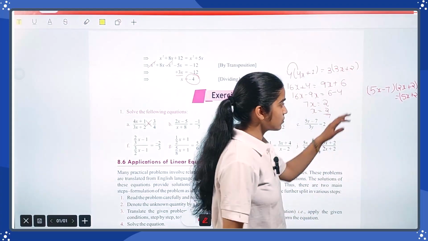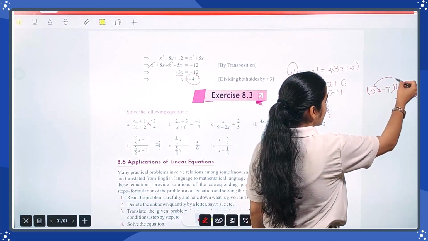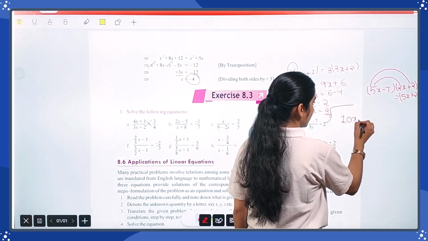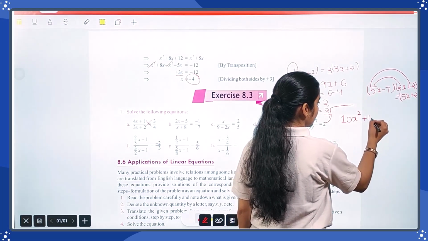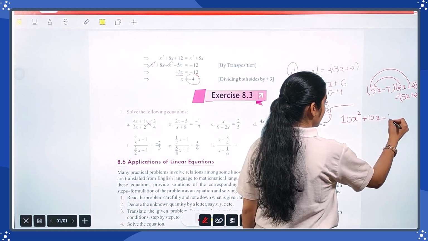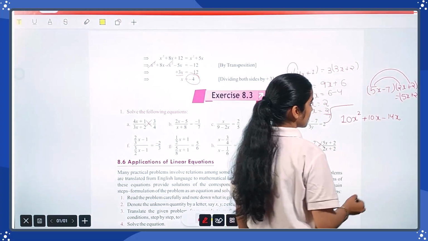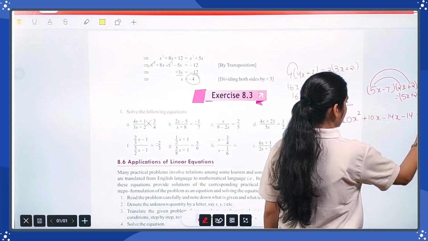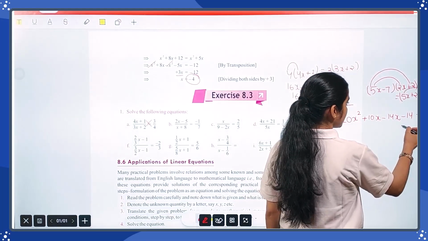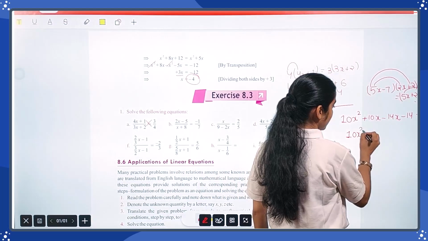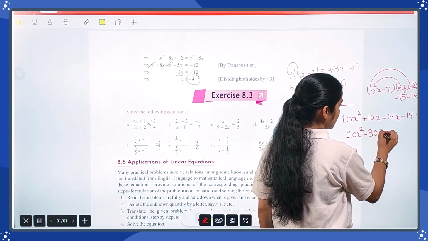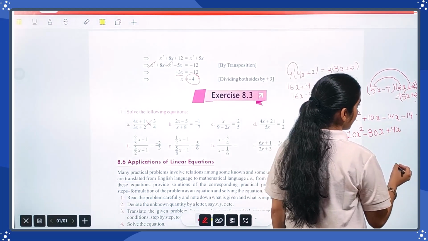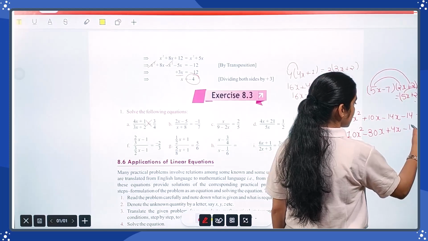What you have to do is solve this first, which means 5x multiplied by 2x is 10x square plus 10x minus 14x, minus 7 multiplied by 2 is minus 14. Now that is equal to 5 multiplied by 2 is 10x square minus 30x plus 4x, and 2 sixes are 12, so minus 12.